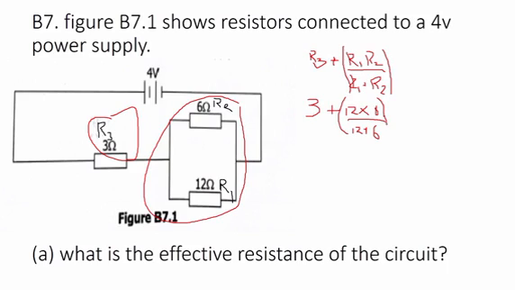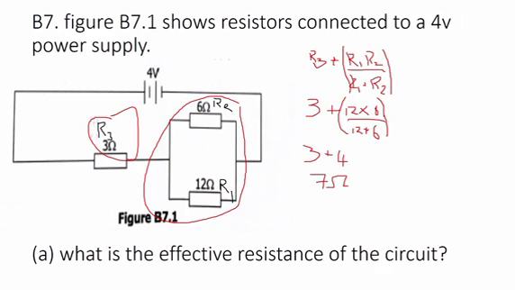Okay, so let's do this. So 3 plus, when you do 12 times 6 divided by 12 plus 6, what you are going to get is 3 plus 4. So you need to work out this. So 3 plus 4, which is 7 ohms. 7 ohms. So that is our answer.